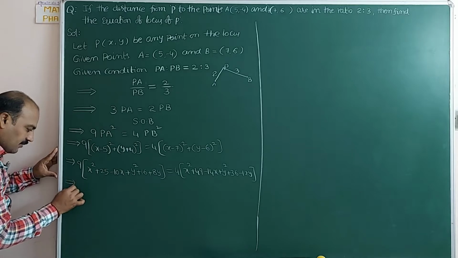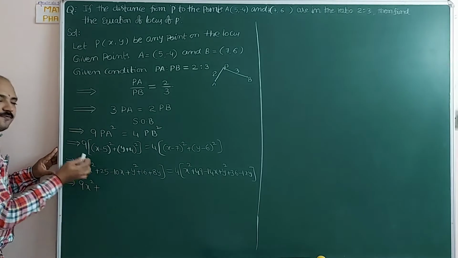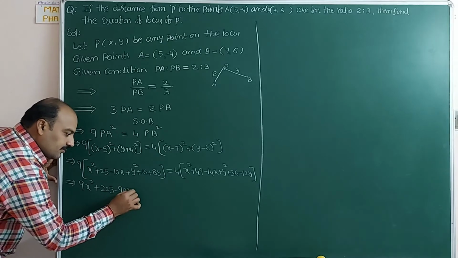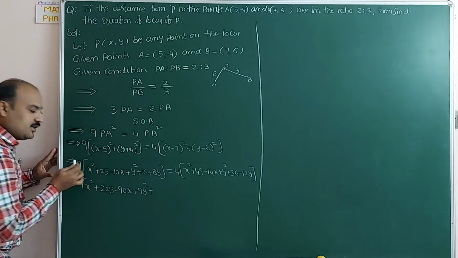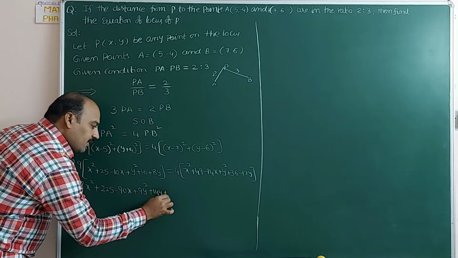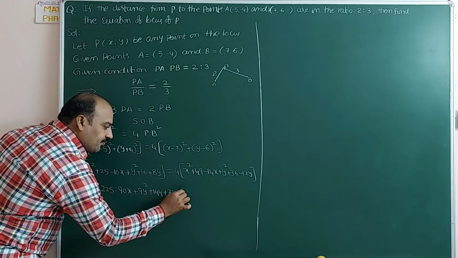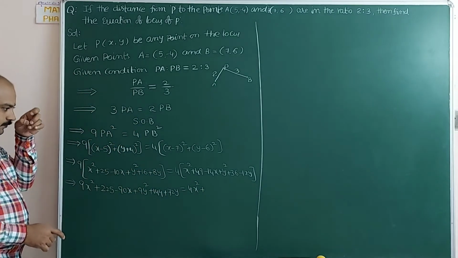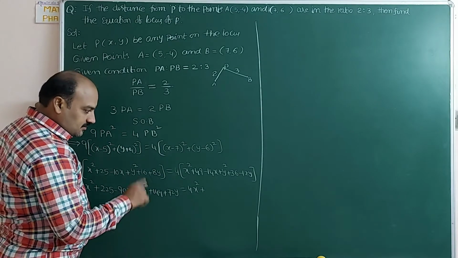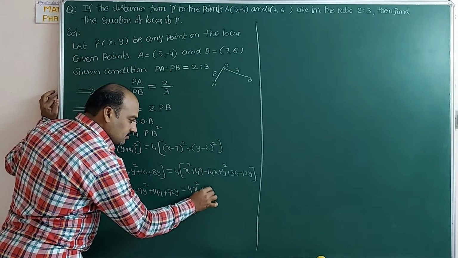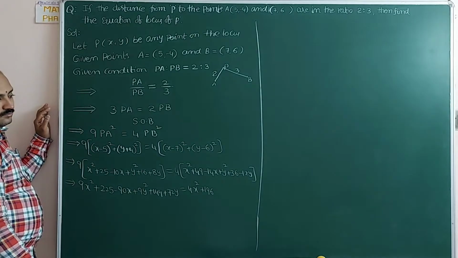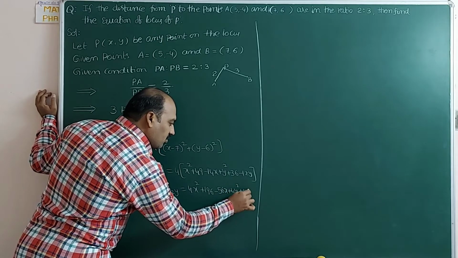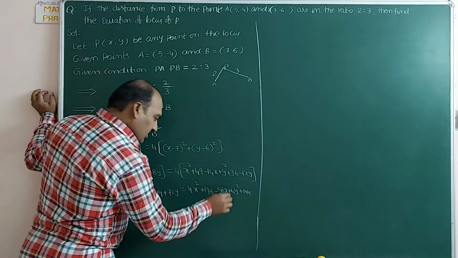Multiplying each and every term by 9: 9x², 25 into 9 is 225, −90x, 9y², 16 into 9 is 144, plus 9 into 8y is 72y. And 4x², plus 49 into 4 is 196, −56x, plus 4y², plus 36 into 4 is 144, next −48y.